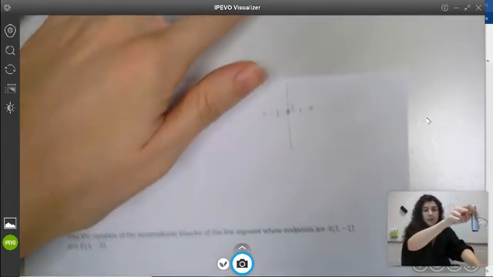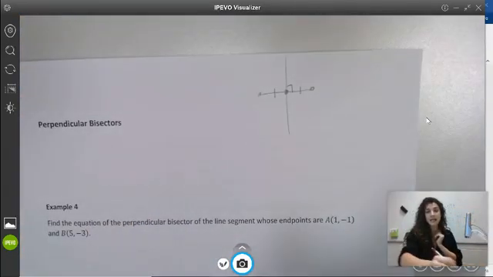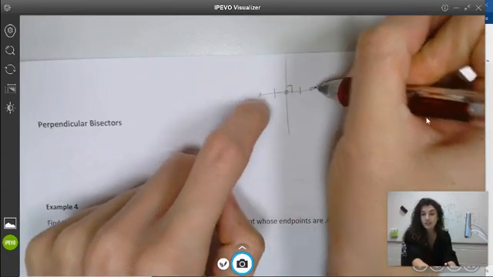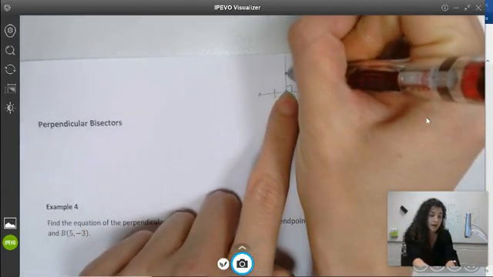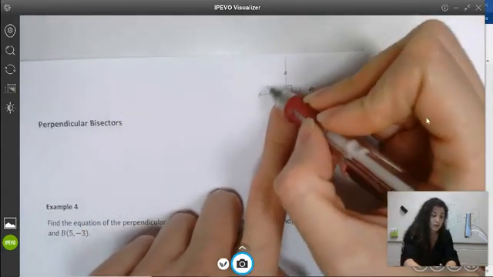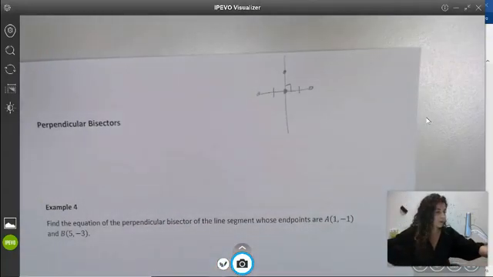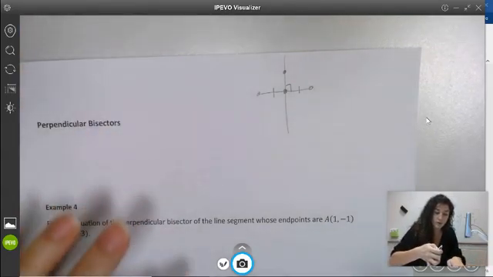There are a few properties of perpendicular bisectors that I do want to discuss with you. Mostly the idea is that this midpoint is equal distances from either endpoint. But we can also say, if I put a point here, this point is equal distances away from those endpoints.